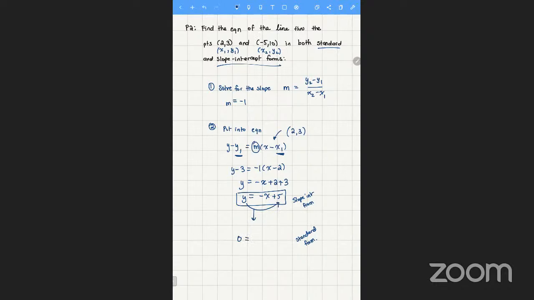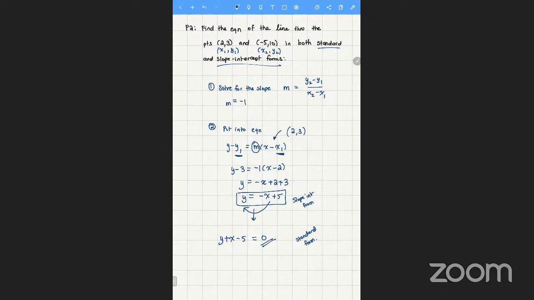Why don't you bring all of this to this side, so y plus x minus 5 is equal to 0. You want your equation to equal 0, not y. So what do you get? y plus x minus 5 is 0. Okay, good. That's your standard form.